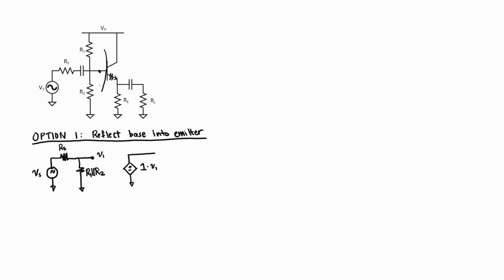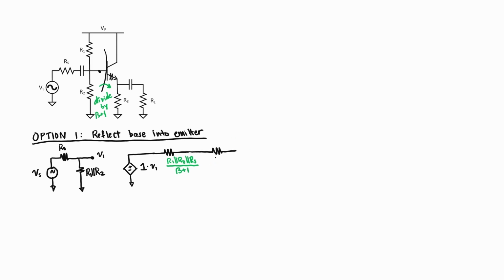In order to reflect base resistance into the emitter, I need to divide by beta plus 1. If I look back from the base, I see three resistors, R1 in parallel with R2, in parallel with R sub S, and we'll divide that by beta plus 1 to properly reflect it over into my emitter.